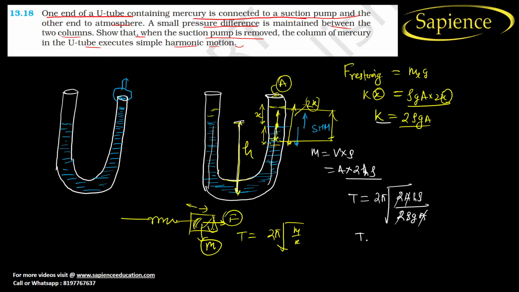So finally the time period is equal to 2 pi root under h by g. So we have got the required result. This is an example of S.H.M. Whenever you find any restoring force, it means that an S.H.M. will be created.